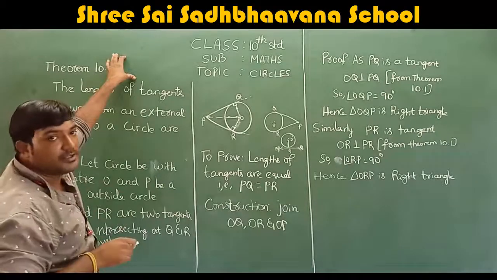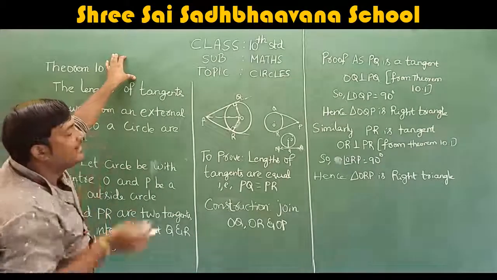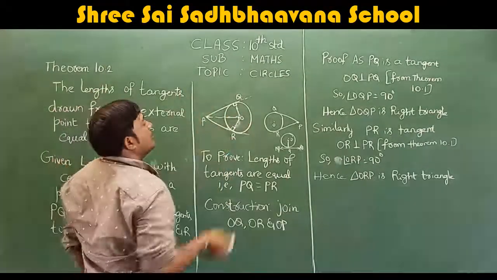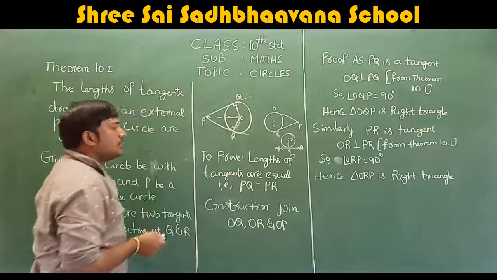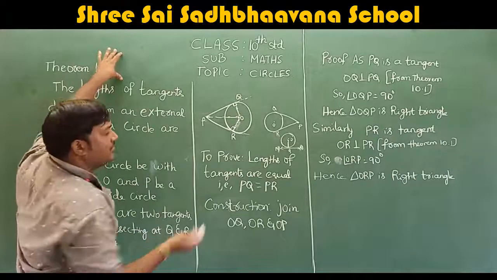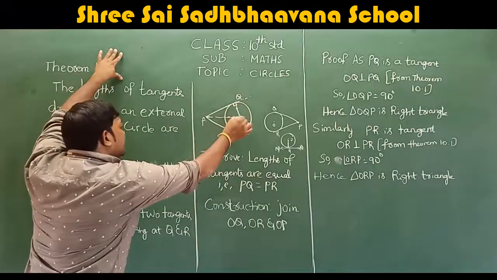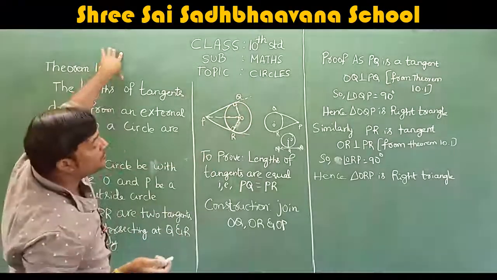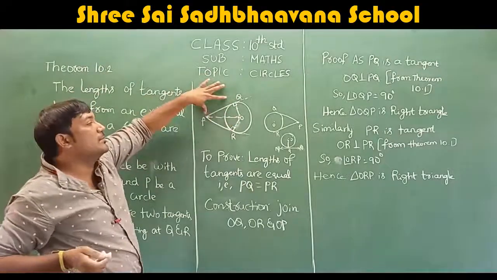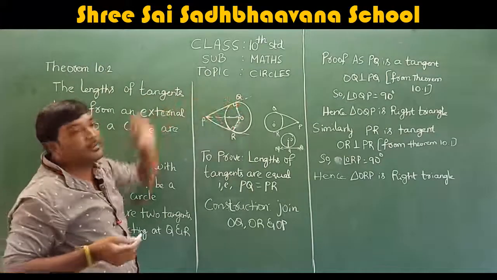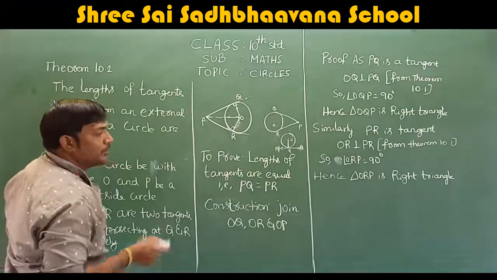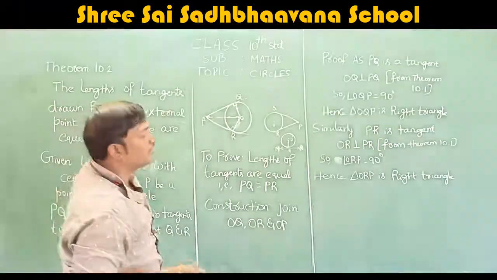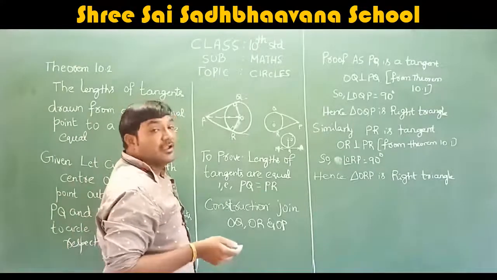That was the theorem, correct? So OR is the radius. Again, here also OQ is the radius, and the radius is the same everywhere. So obviously radius OQ is perpendicular to PQ and radius OR is perpendicular to PR. So from theorem 10.1, OR is perpendicular to PR, and we conclude that angle ORP is 90 degrees.